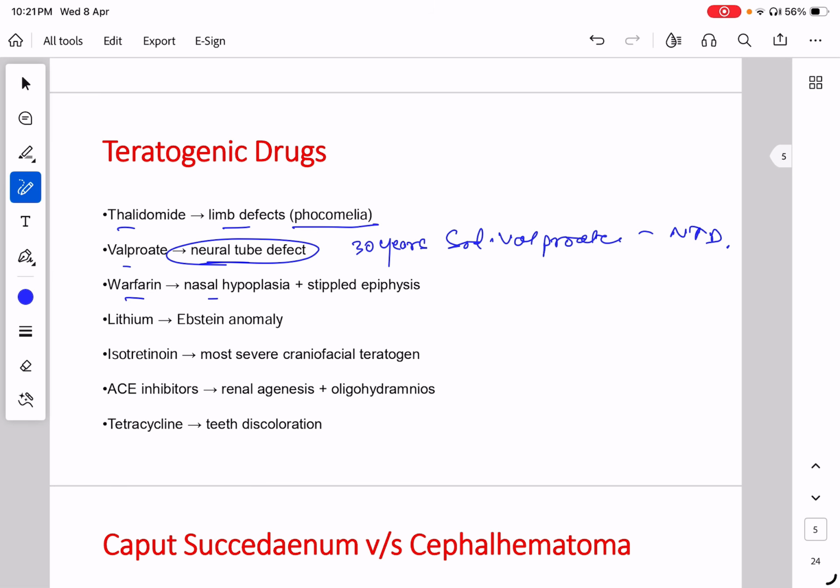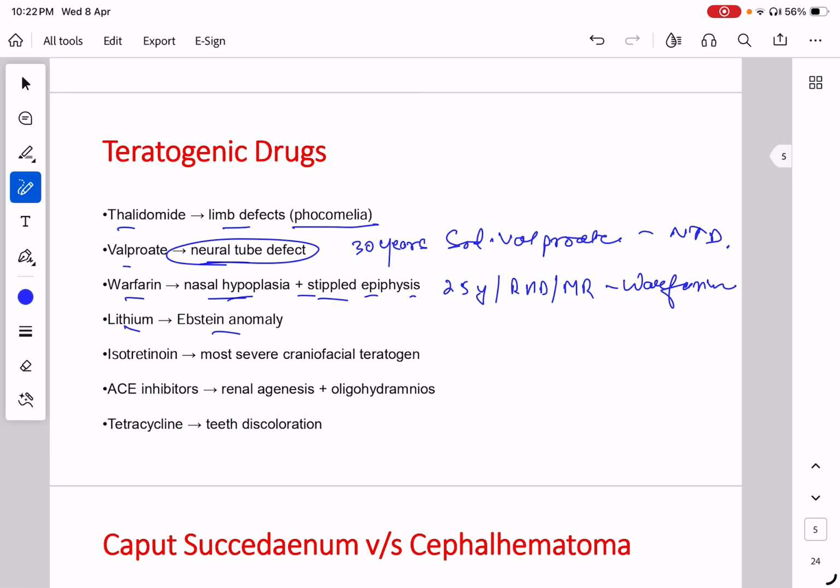And warfarin, it causes nasal hypoplasia and stippled epiphysis. So a case can be formed in this way that a 25-year female, known case of rheumatic heart disease, valvular heart disease, severe mitral regurgitation, is on warfarin for anticoagulant prophylaxis, and delivers a child. What teratogenicity is suspected? So nasal hypoplasia or stippled epiphysis.